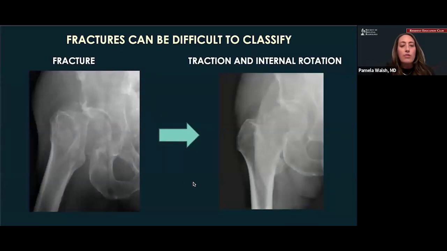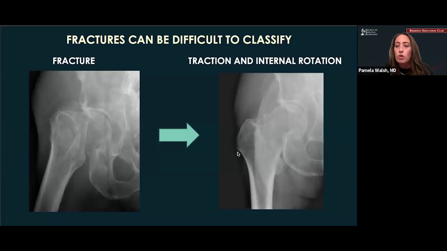And then here's an example of a fracture where I think it's really just hard to tell, and understandably so. It's externally rotated. This proximal femur is essentially overlying the femoral head. So we really can't tell, and that's okay. And then here, we do this sometimes at our institution, and the orthopedists are the ones that are doing this.